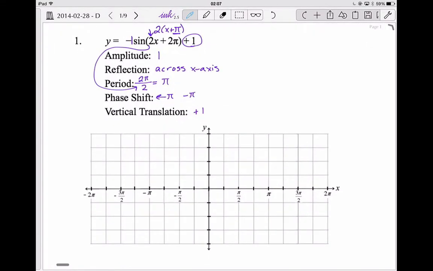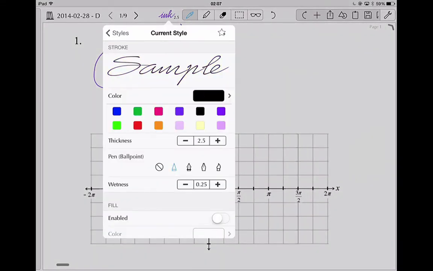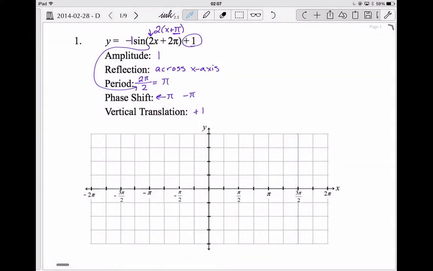Okay, so I'm going to put this all together and I am going to graph this. So first I'm going to start with regular old sine. Sine of 0 is 0, and then it goes and does a little bit of wiggling so that it looks like wee. Then we can go backwards.